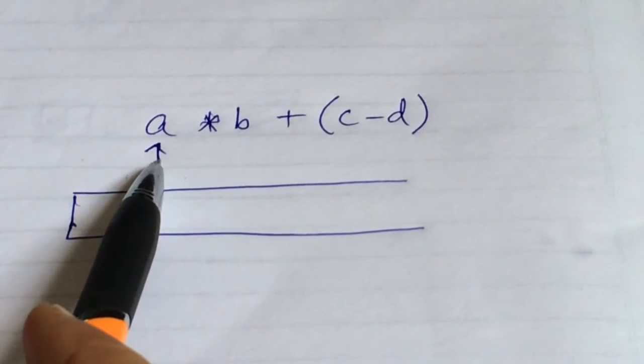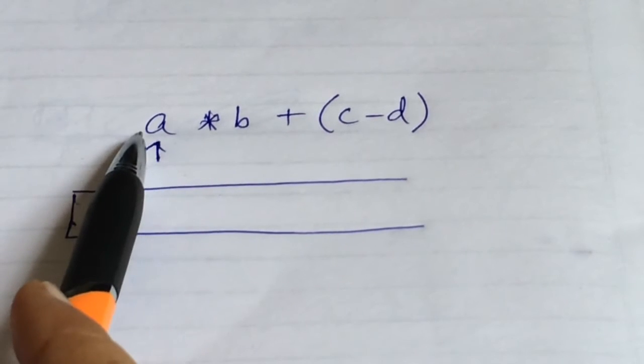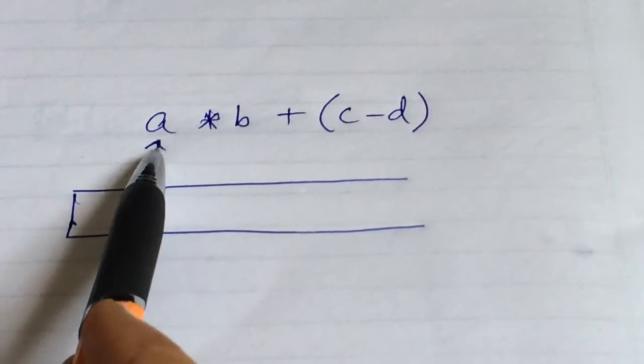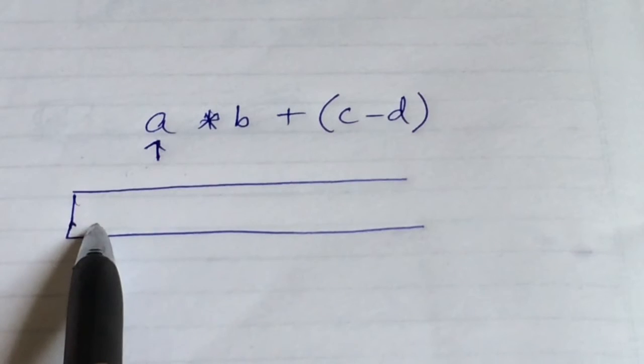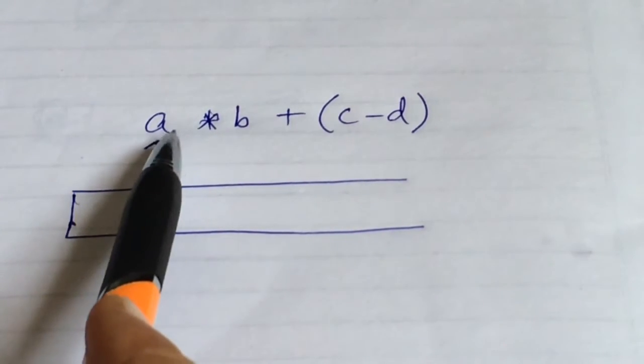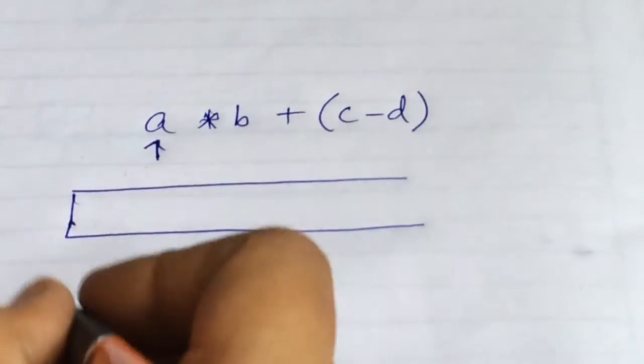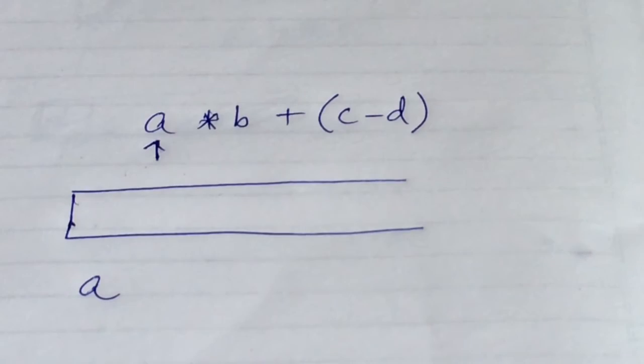So now the input pointer is at A, and suppose this is character T, then if it is an operator, we'll push it in the stack. If it is not an operator, if it is an operand, then we have to print it in the output.